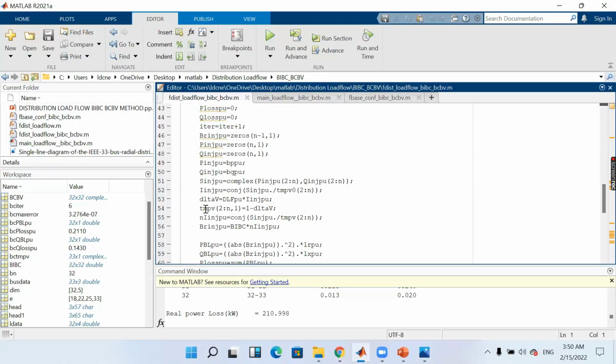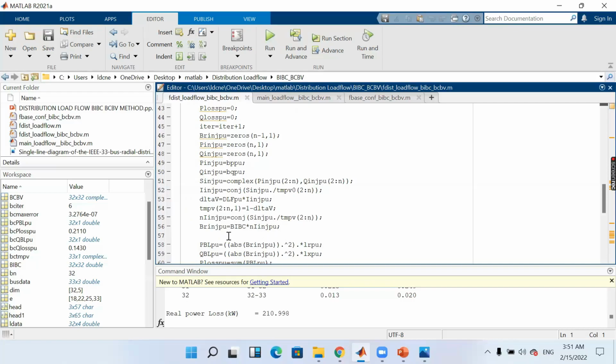After that, we have to update each bus voltage. That can be found by 1 minus delta V. And after updating the voltage, the new bus injection can be found by using the newly updated value.